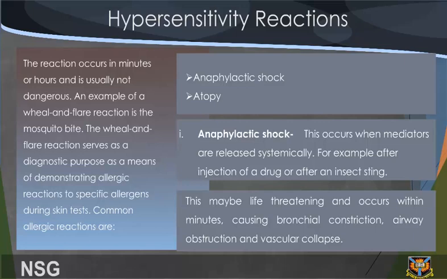1. Anaphylactic shock. This occurs when mediators are released systemically, for example, after injection of a drug or after an insect sting. This may be life-threatening and occurs within minutes, causing bronchial constriction, airway obstruction, and vascular collapse.